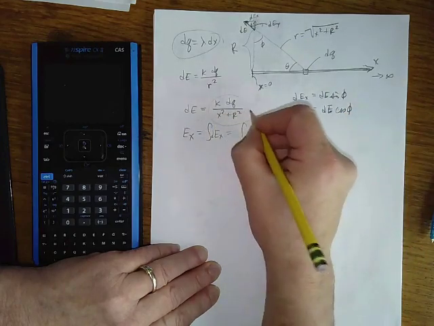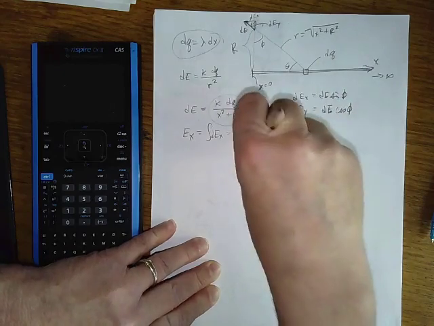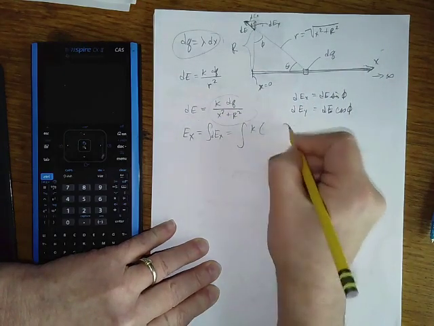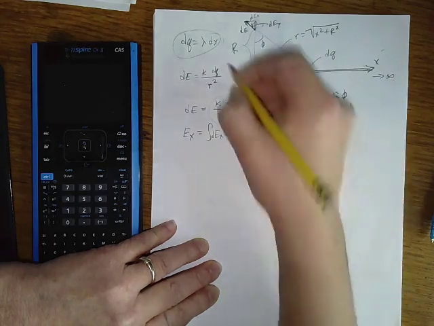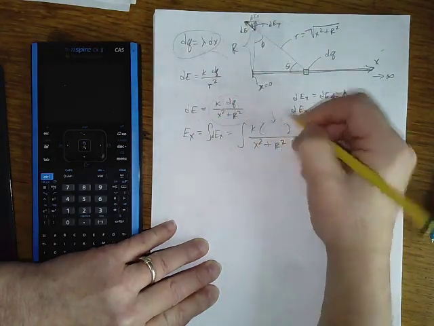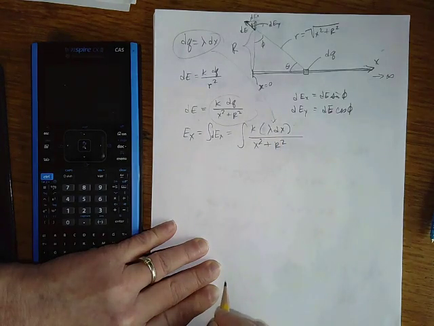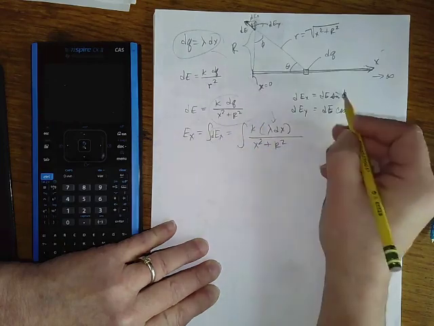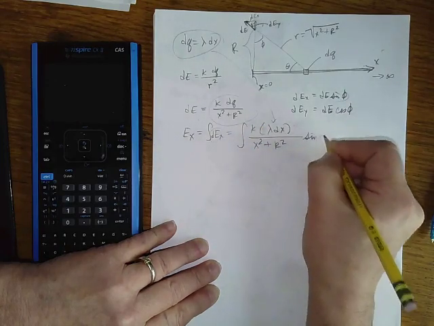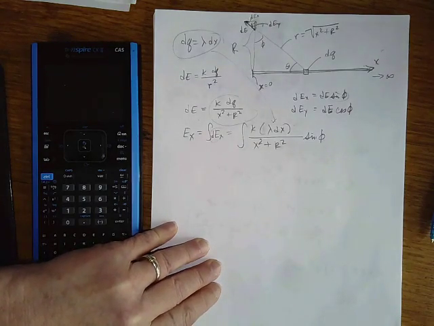So putting dE in, k dq over x squared plus r squared. But dq is lambda dx. And then for the Ex part, we need a sine phi. I think we're pretty good. Check the notes in a minute.